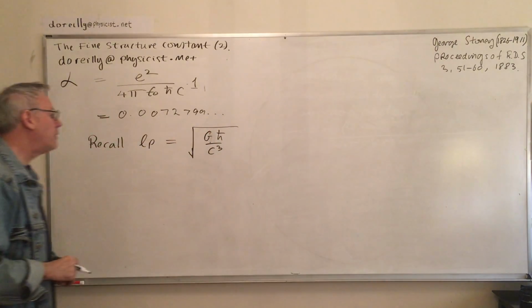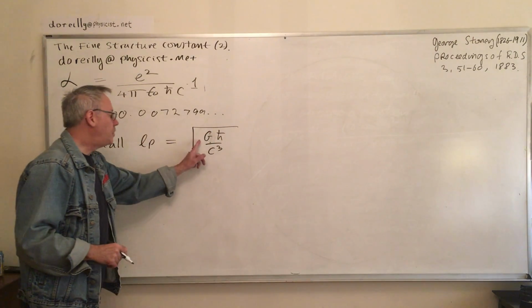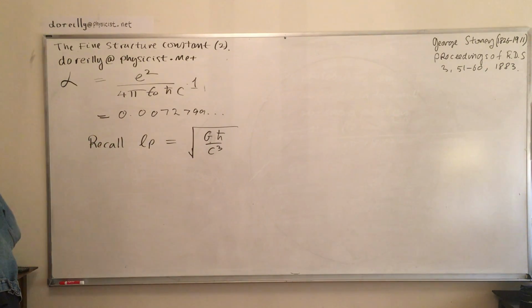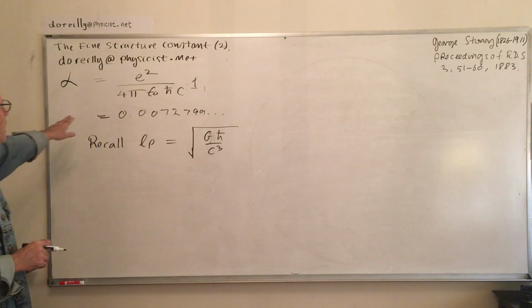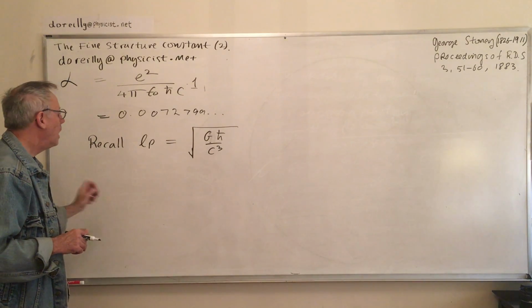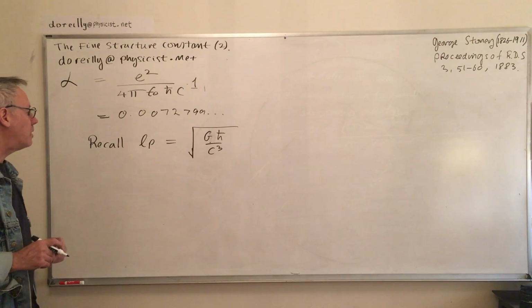Now, the Planck length is given by, and I derived it, the square root of G h-bar over c cubed. Let's make sure I did that right. Oh, absolutely, I forgot to do one thing. I forgot to derive, I know I did that, that's fine. Let's see what else I did. Okay, so we're looking at G h-bar over c cubed.